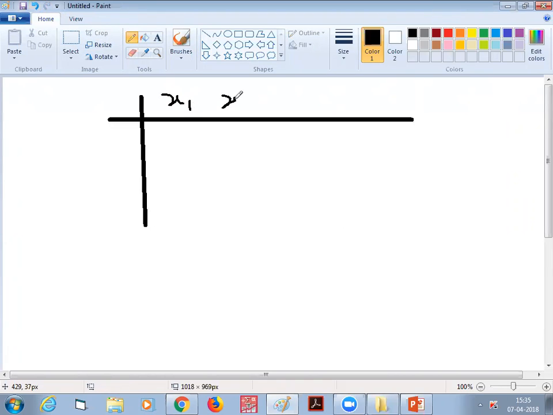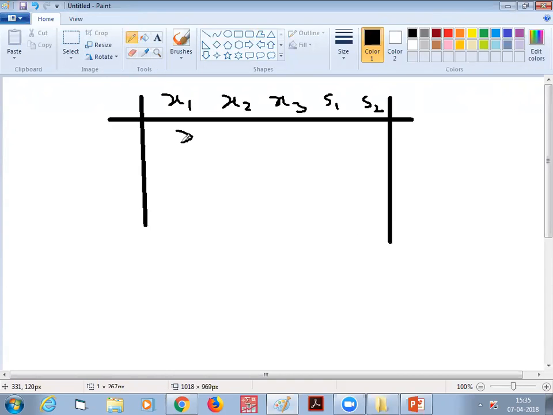So let's have x1. So three variables will take x1, x2, x3, and s1, s2. Anyhow, let's have the following numbers.